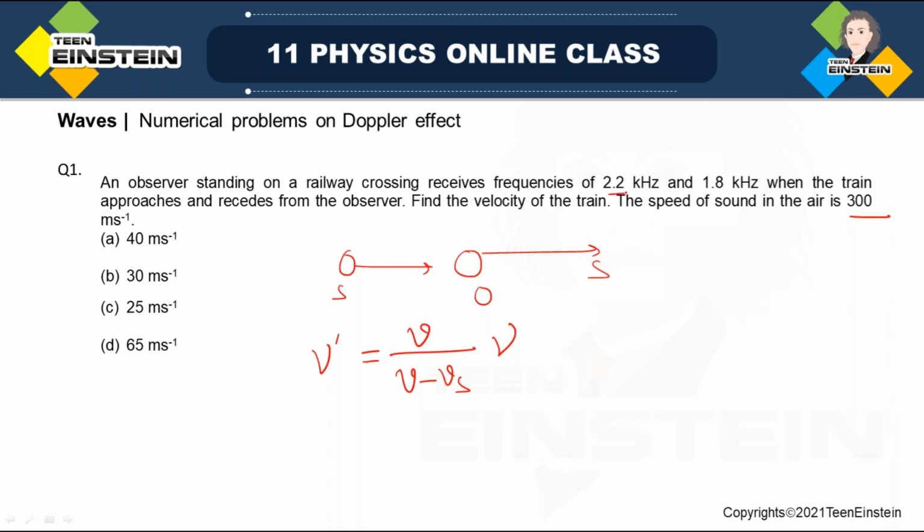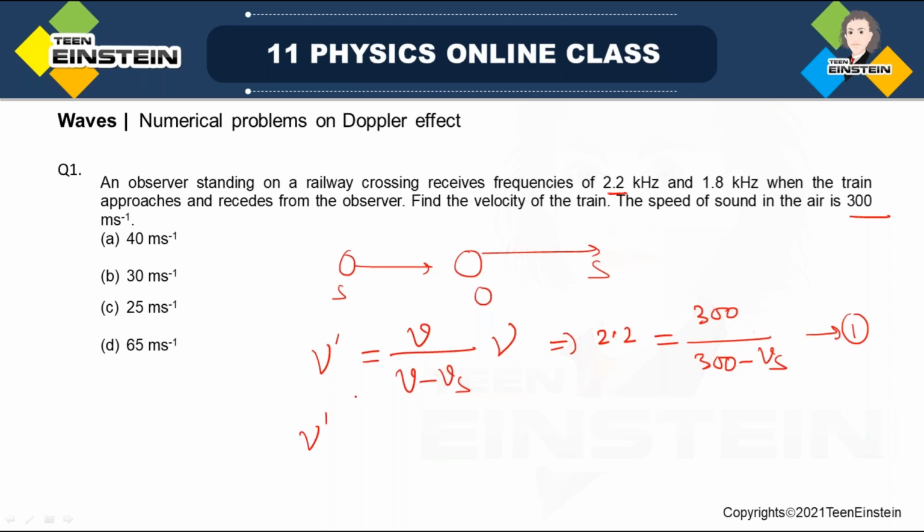There are two cases. When approaching, the frequency heard by the observer is 2.2. So we write 2.2 is equal to V, the velocity of sound in air, 300, divided by 300 minus Vs, where Vs is the velocity of the train itself. Let us call this equation number 1.